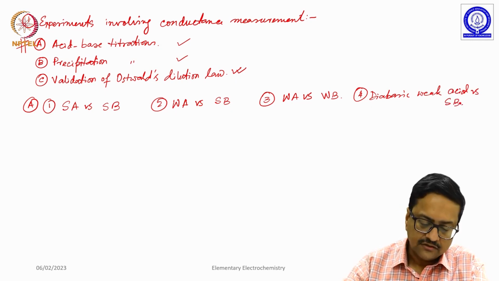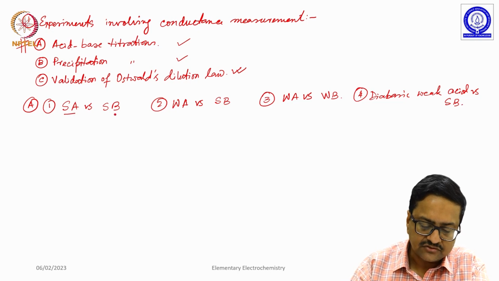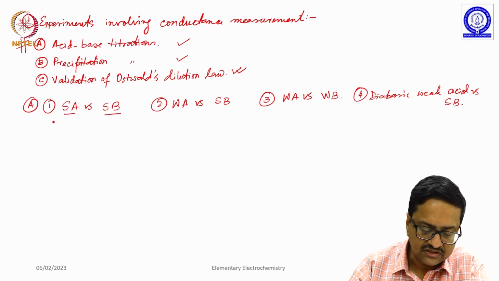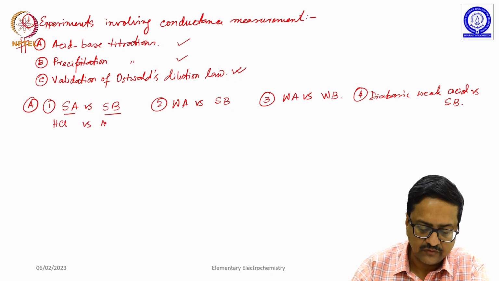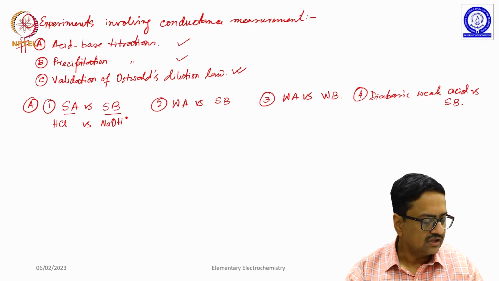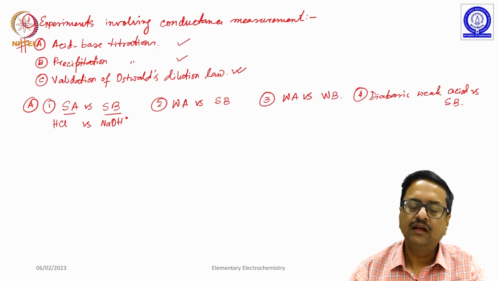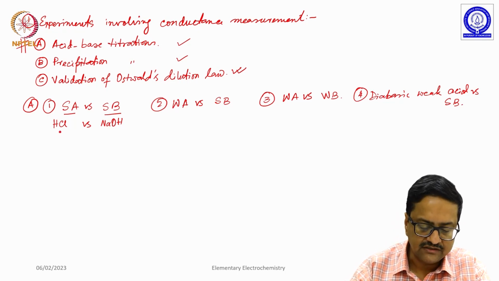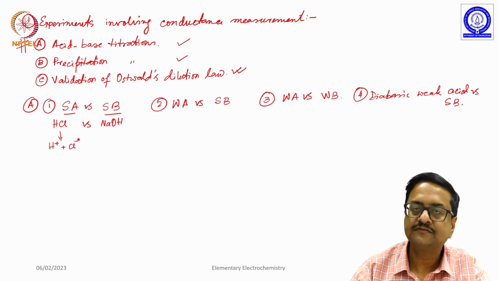So let us start discussing the case of strong acid and strong base using the example HCl versus NaOH. What we know is that HCl being a strong acid, it will remain fully dissociated as H+ and Cl-.